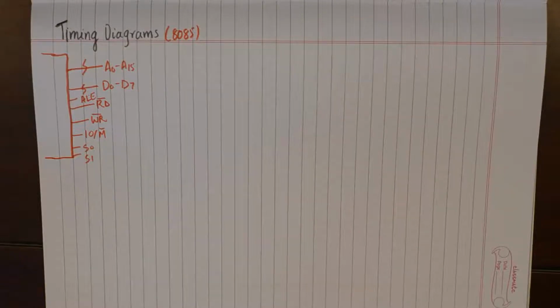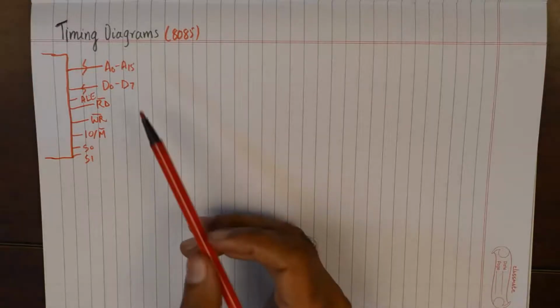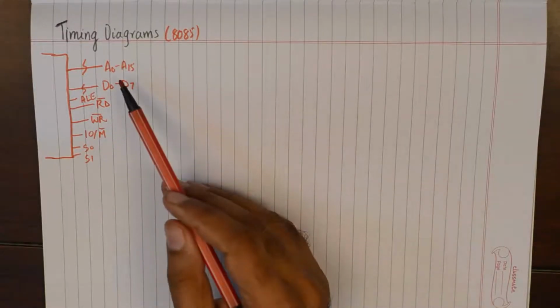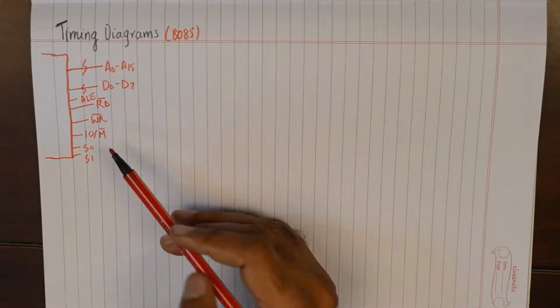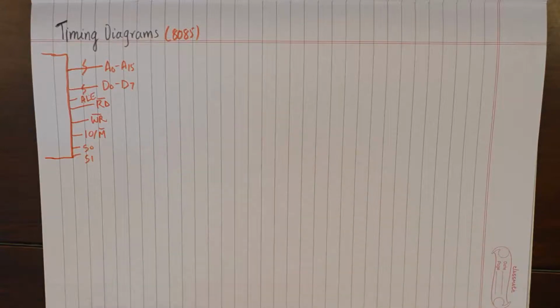Now I'll take a few examples. I'll start from a simpler example and then I'll discuss an instruction with 4 machine cycles. Now please understand, depiction of these pins with respect to the clock signal is what we are trying to achieve.